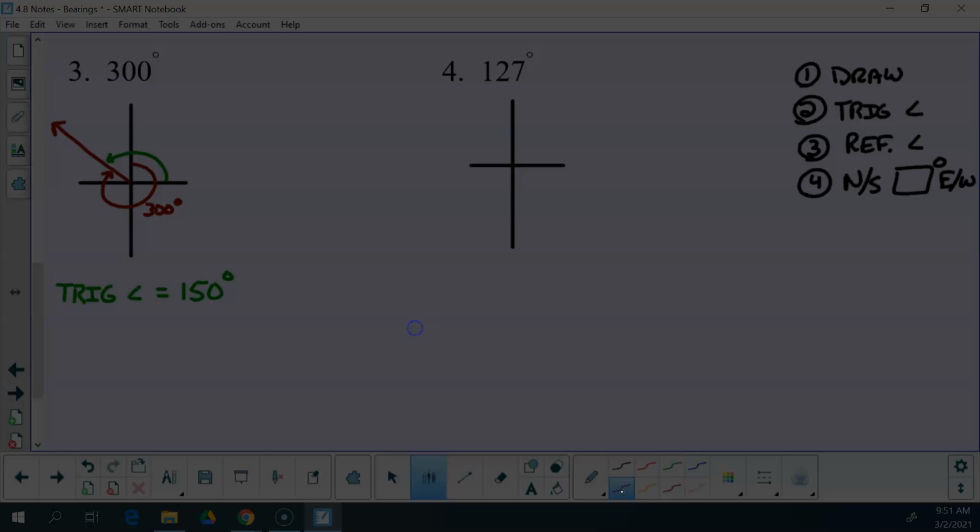My reference angle is going to be right there, and that is going to be 30 degrees. Okay. So if that's 30 degrees here, then this part in here is 60 degrees, which means then that I am going north because I'm going up 60 degrees to the west because I'm going to the left. I'm going up and left. Agree?